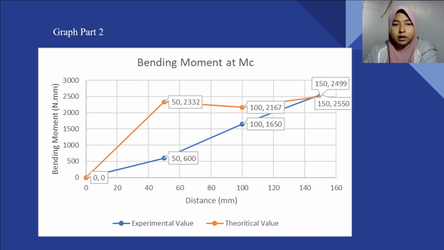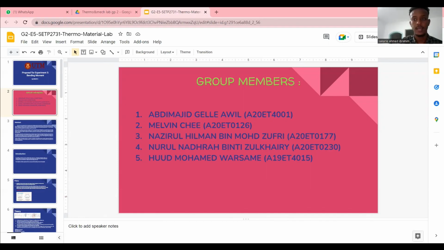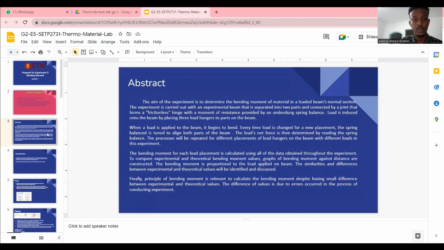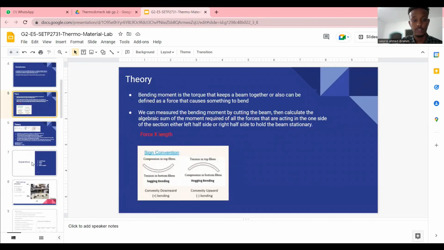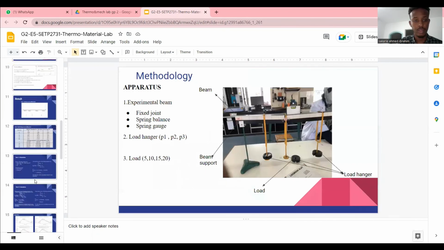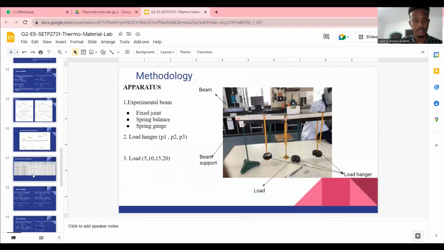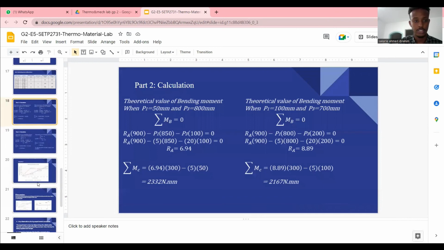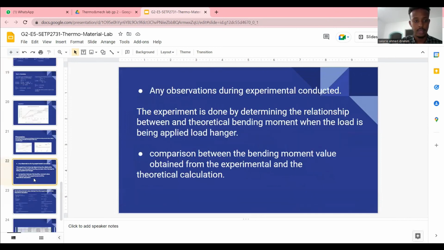So this is the graph for part 2 that we get. Now the discussion, which is about experiment 5, bending moment, after the result. Here we have seen the calculations and the discussion.